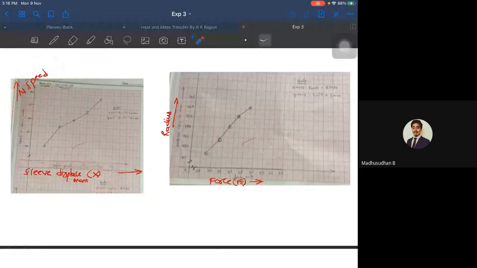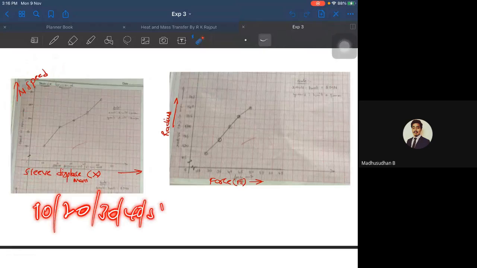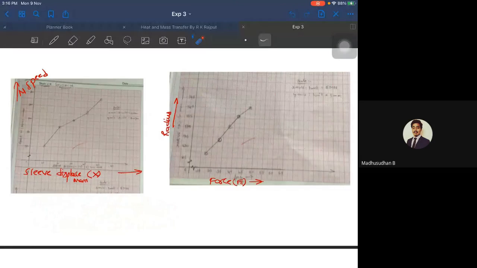Sleeve displacement is 10, 20, 30, 40, and 50, and speed you have already noted down in the observation, so you can draw a graph like this. The second graph is radius versus controlling force. Radius R1 to R5 you have just calculated, and FC1 to FC5 you can tabulate down the x-axis. Thereby, you can draw this graph.